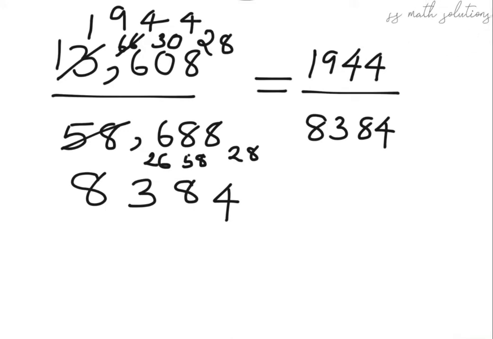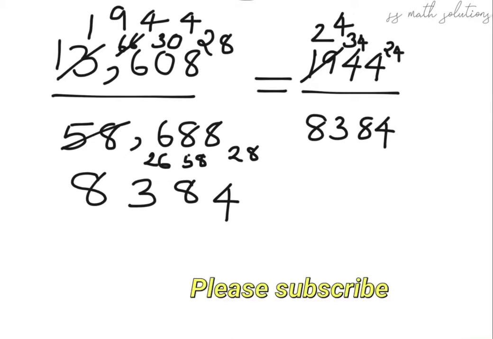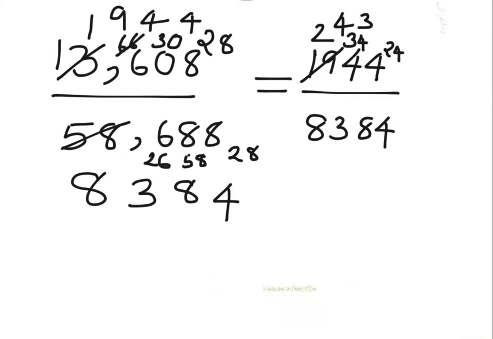Here 19: we know 2 eights are 16, so we get 2 as the answer. 2 eights are 16, then remainder 3. We include that 3 with this 4, so 34. 8 into 4 is 32, so 4 eights are 32. Then the remainder 2 joins the next 4, so 24. 8 into 3 is 24. So we got 243.